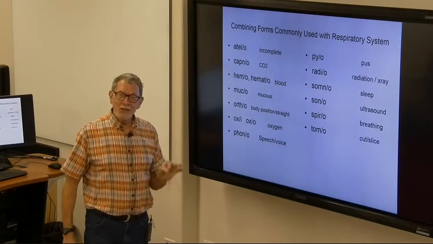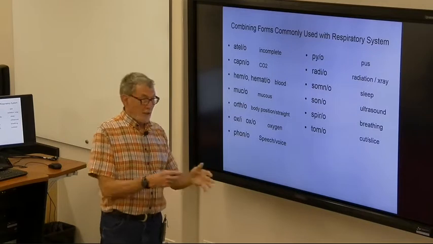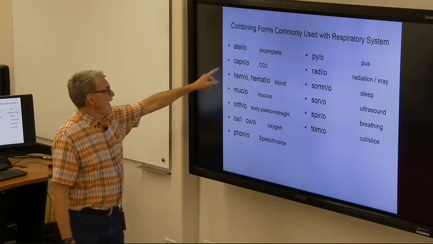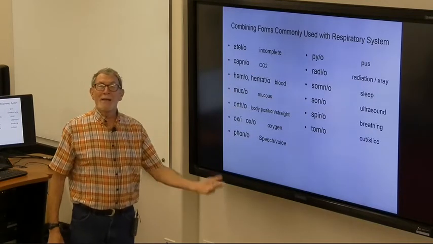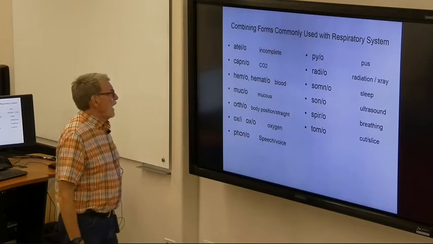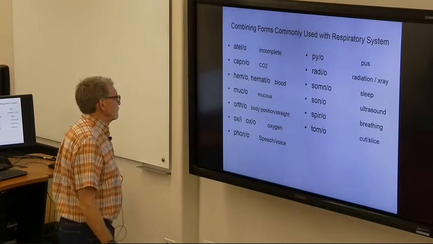Atelo means incomplete, incomplete inflation. Capno, carbon dioxide. A capnometer measures the carbon dioxide in your blood. Hypercapnia, you have too much carbon dioxide in your blood.